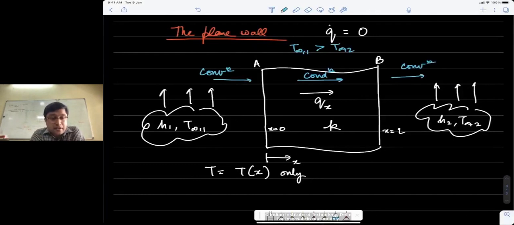So whatever analysis we undertake, we need to account for all these three mechanisms to be able to quantify the rate of heat transfer.